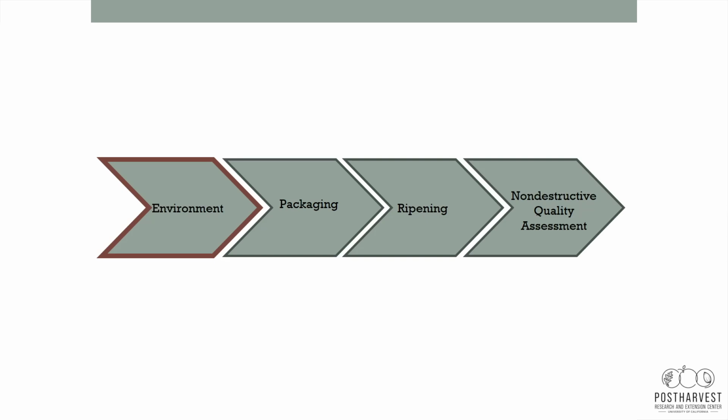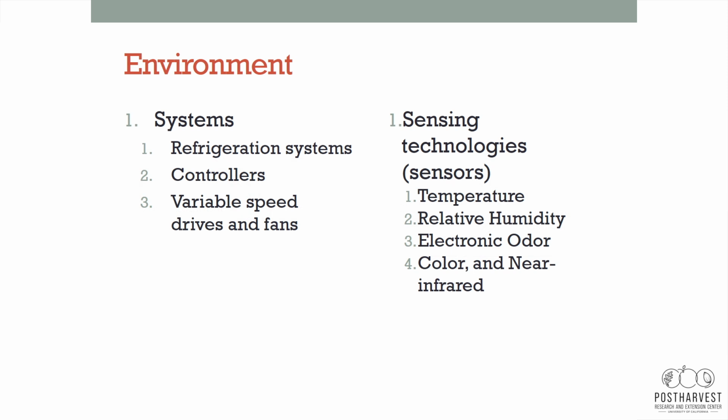Environment, yesterday I briefly talked about, for example, the variable speed drives and fans, and how those can potentially help us save some energy. If we have the right monitoring of our environment, we can reduce the speed of the fans and therefore save some energy.